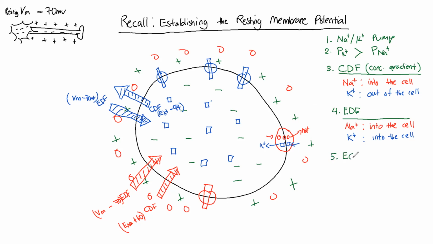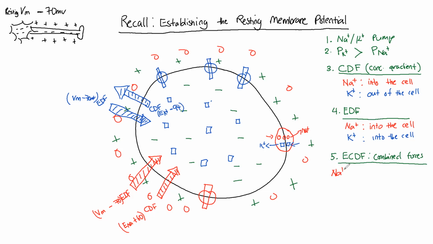Okay, so the ECDF is going to be the combined forces acting on both ions. So if we consider sodium, sodium is pretty straightforward, right? We have forces acting in both directions, into the cell according to the CDF, also into the cell according to its EDF. So if you combine those two values, remember, if we have two forces, we simply add the values and then the general direction will follow.